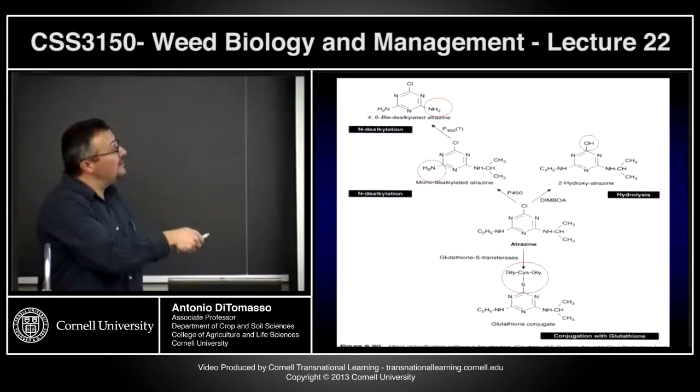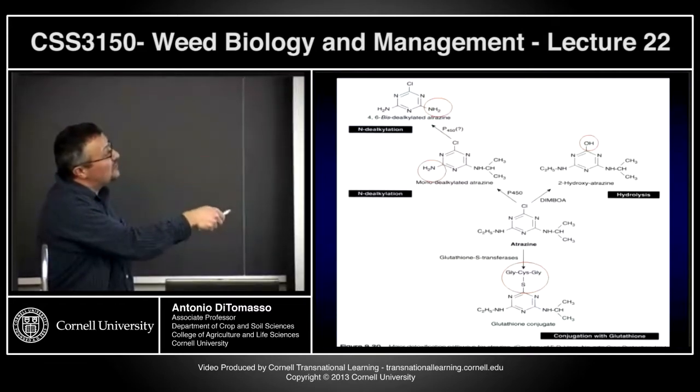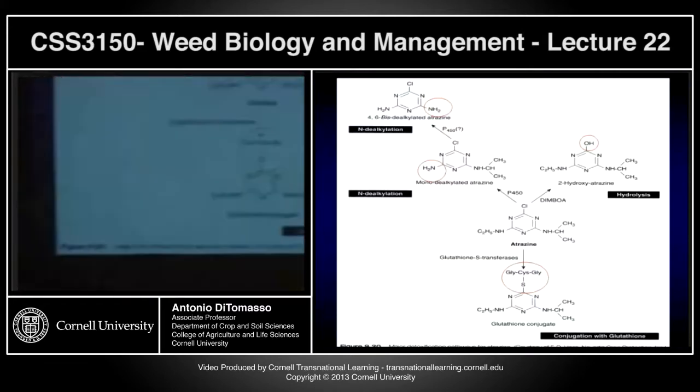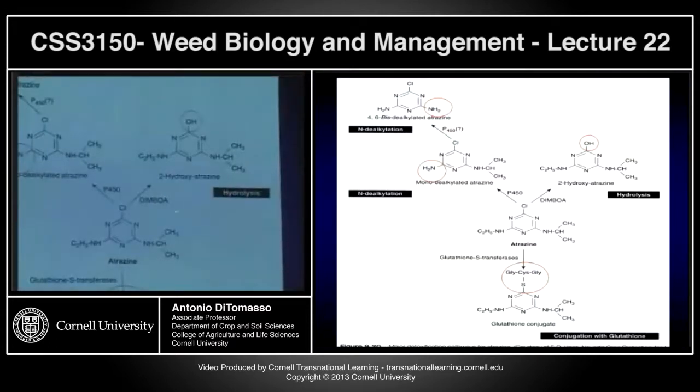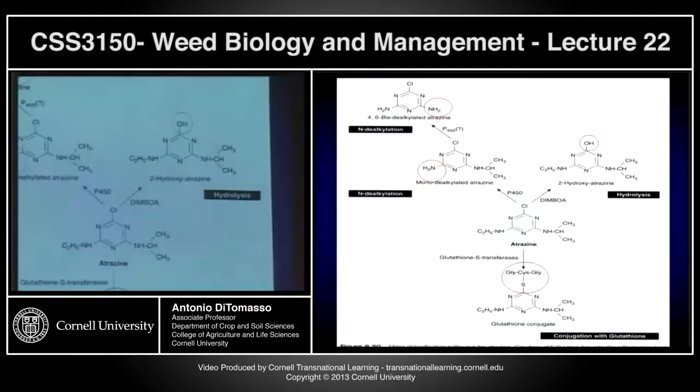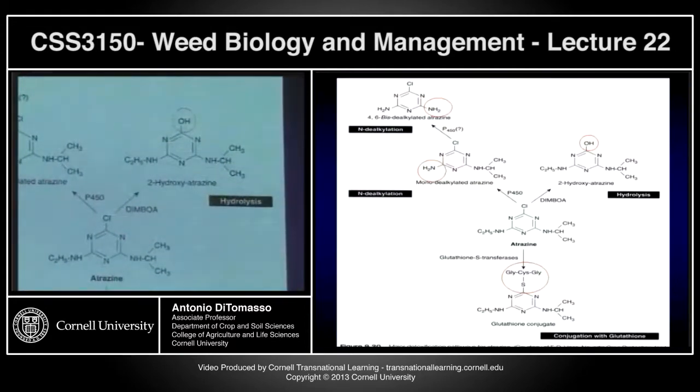Whereas corn is not just going to use this pathway, it's going to use this second pathway, hydrolysis, which occurs in plant roots, and corn does this. This is an important step, involving this enzyme, and what you're basically doing is dehalogenation.